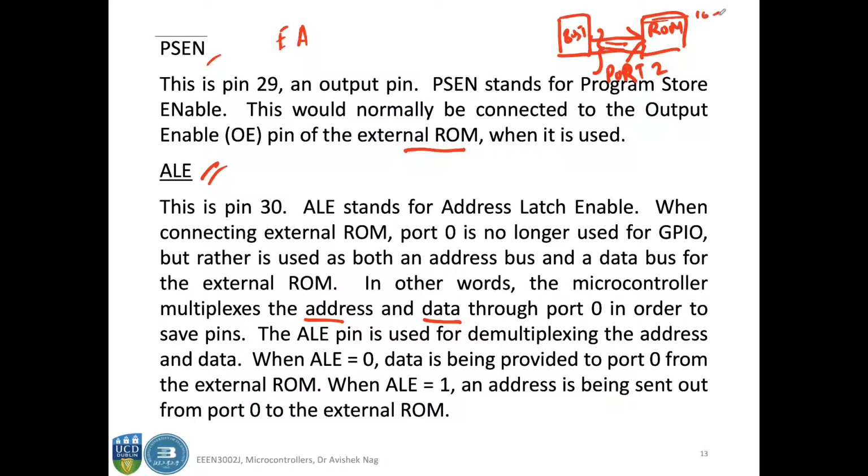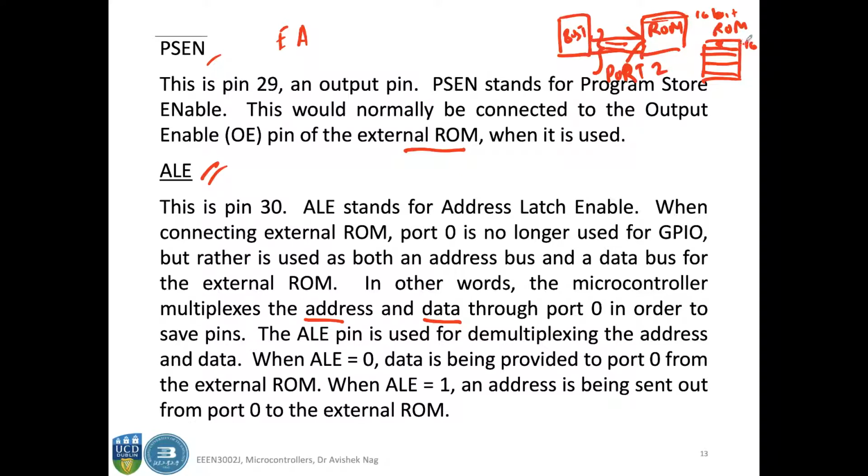So let's say this is your ROM, and these are the different address locations. Each of these address locations is 16 bit, but the data stored here is 8 bit. So the 8 bit data comes out of port 2 of the 8051 and is stored here.